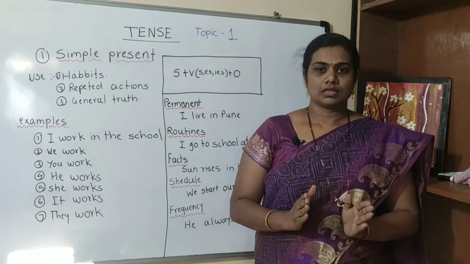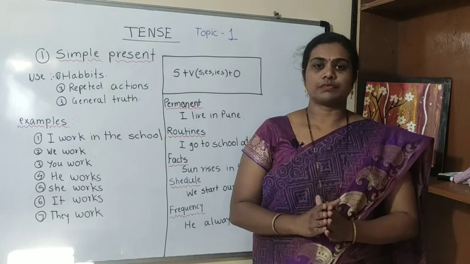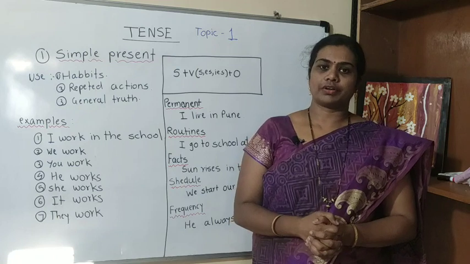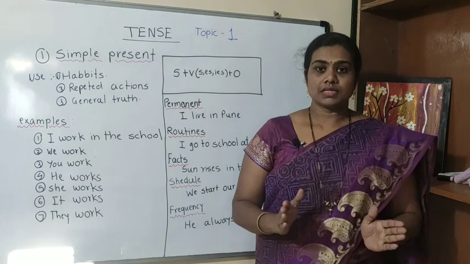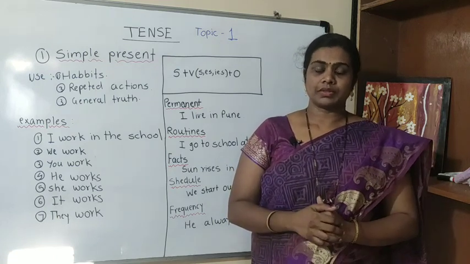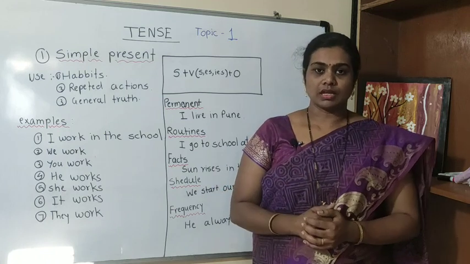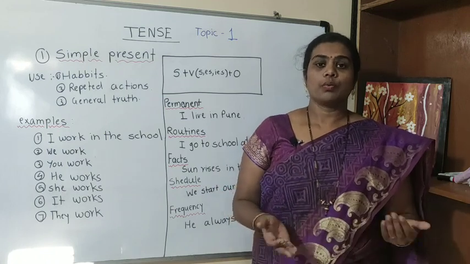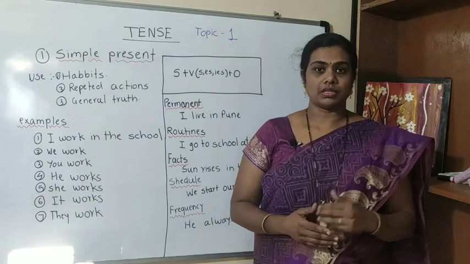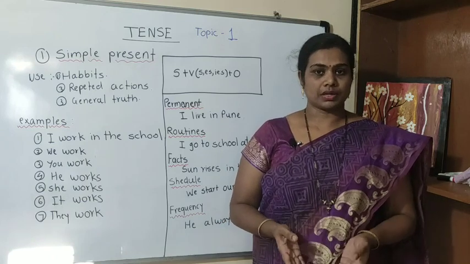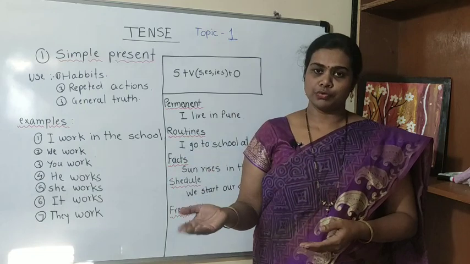Listen students, this particular lecture is for tense. What is the meaning of tense? Tense means the time. And what is the time? Time tells us about the different situations when a thing happens. Does it happen in the past, or in the present, or will it happen in the future?